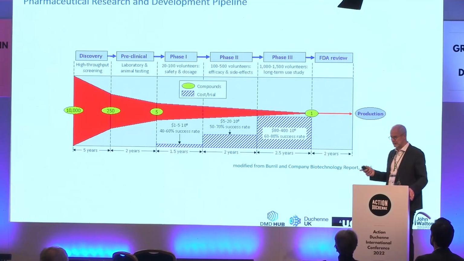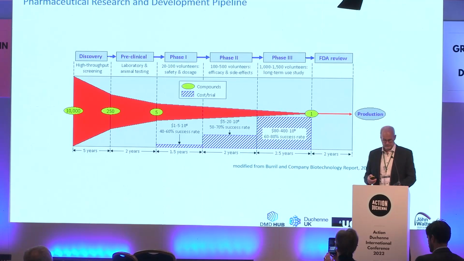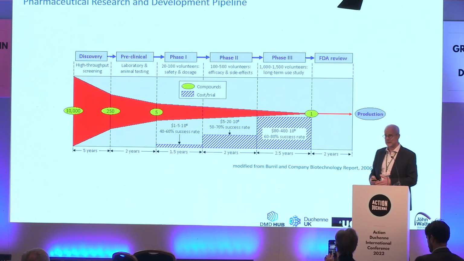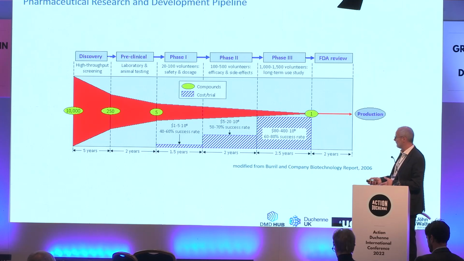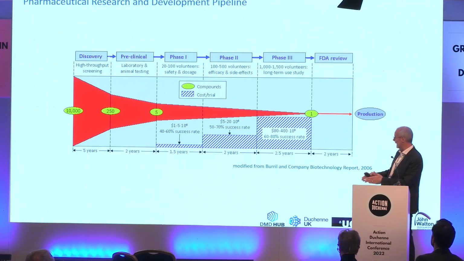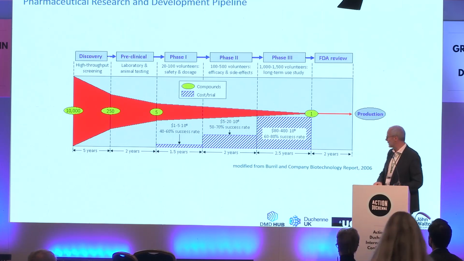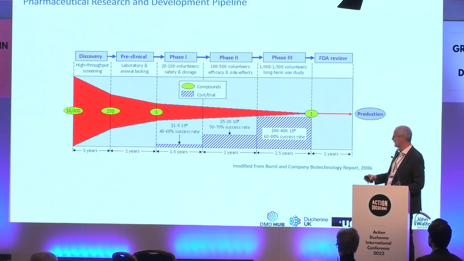I often use this, even though it's more for common diseases, not for rare diseases. But I think it's a nice illustration of the complexity of drug development, because it adds the boxes with the blue stripes. And what it shows is that the more specific you get to drug testing, and once you go into the clinical phases, phase 2 and phase 3, the amount of costs, which is what the blue stripe boxes reflect, increases as well.